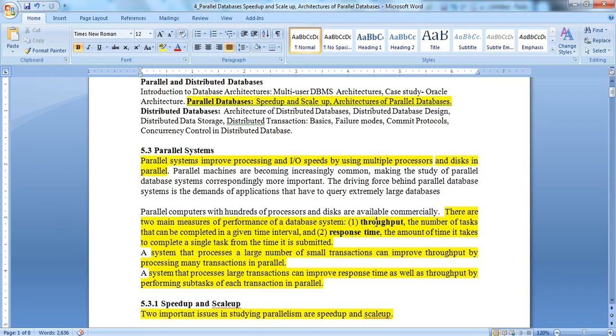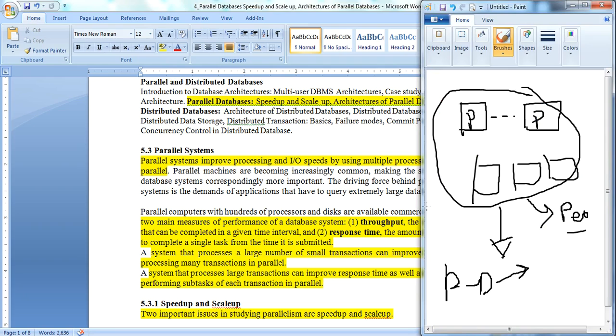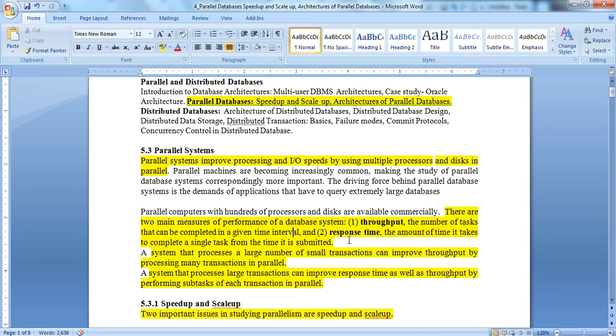Now, what exactly is throughput? It is the number of tasks that can be completed in a given time interval.